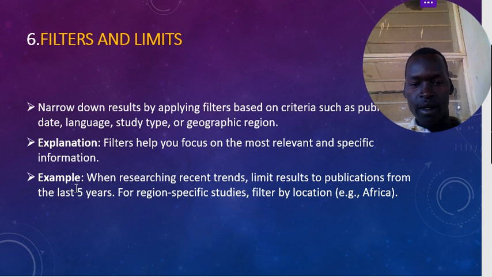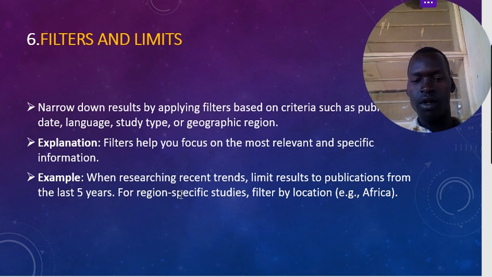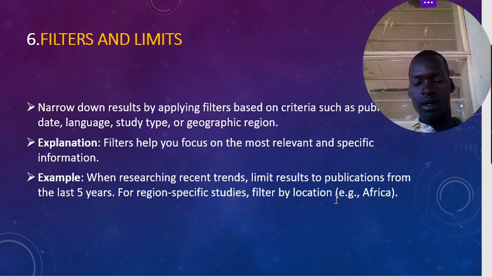Therefore, our example here is: when searching recent trends, limit results to publications from the last 5 years. For region-specific studies, filter by location, for example, Africa. This is the example concerning filters and limits.